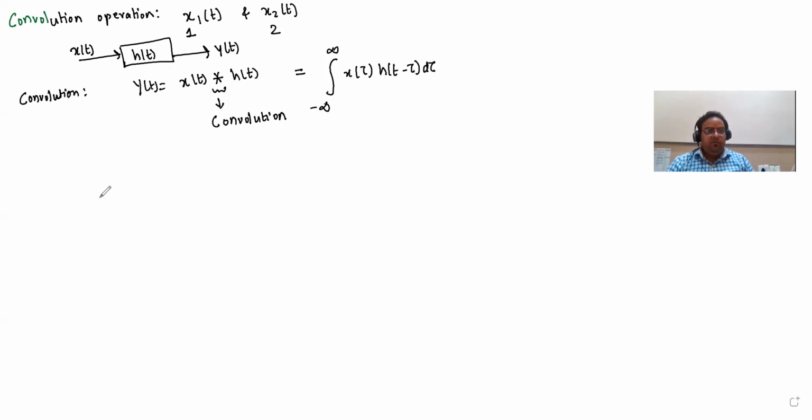We will discuss what this mathematical operation signifies. The first thing we will see is the definition of convolution, which has been taken from the book Oppenheim.